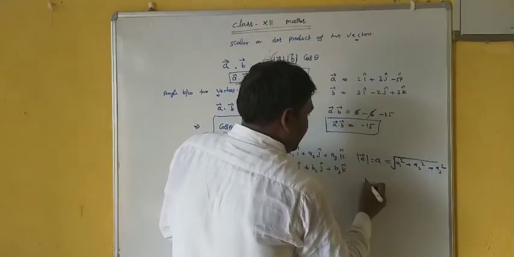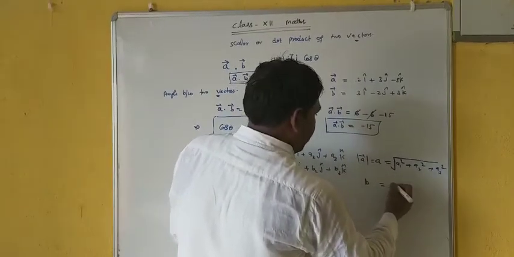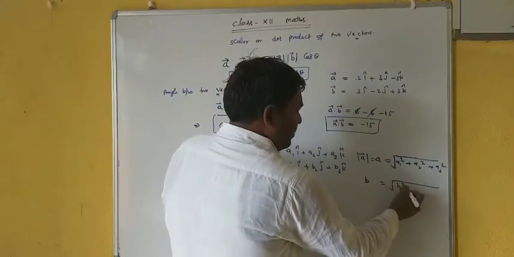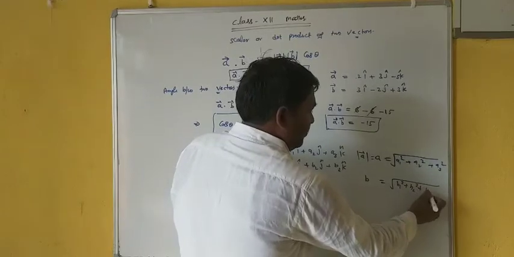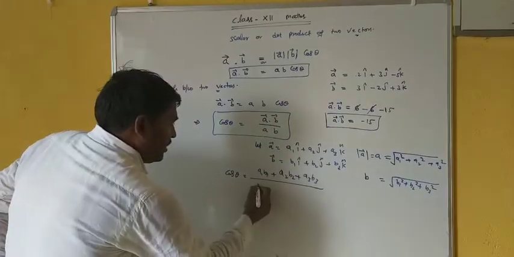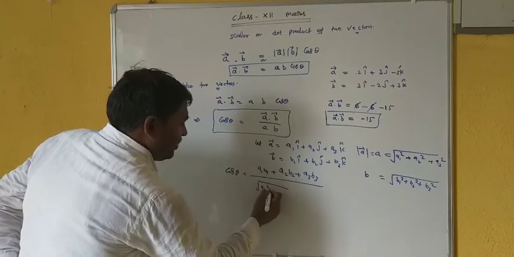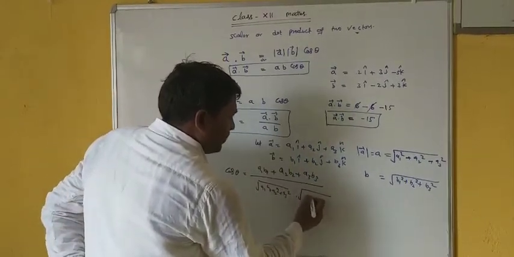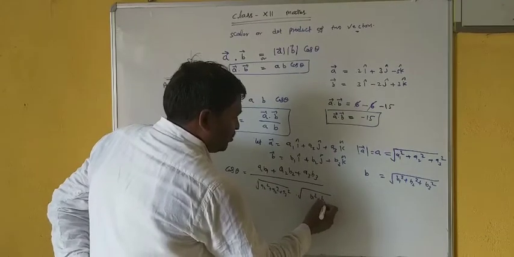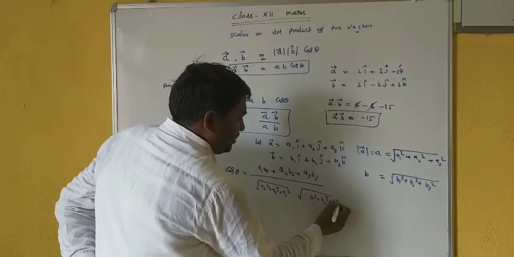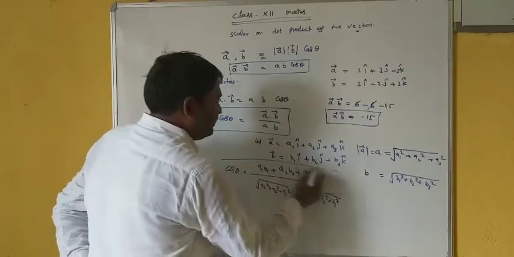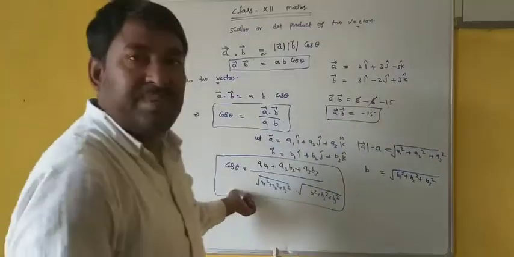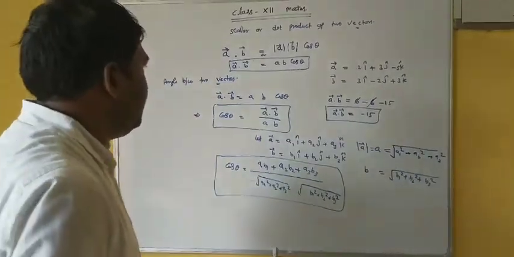And similarly for B, under root, the magnitude of vector B means B1 square plus B2 square plus B3 square. So under root A1 square plus A2 square plus A3 square, and for vector B, B1 square plus B2 square plus B3 square. So if two vectors are given, we can find the angle between them, right?